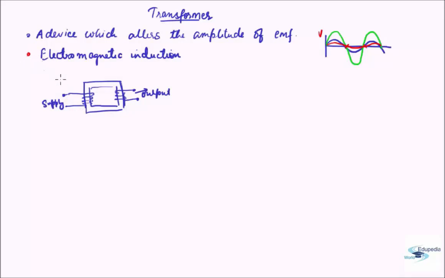So a transformer basically consists of a soft iron core. The soft iron core is made up of several plates of soft iron, which are laminated from one another, separated from one another, and they are normally in the shape of a T or U shape. So each soft iron plate will be something like this.